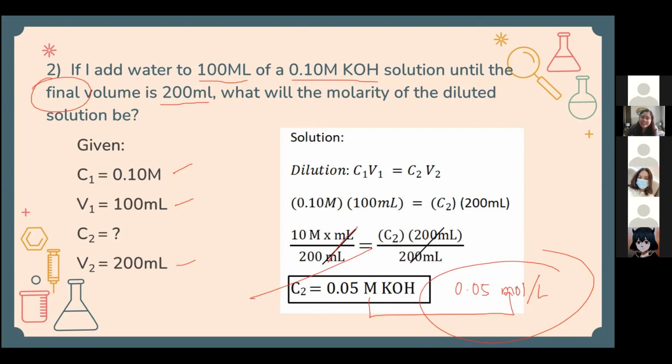Ma'am, what if ang nalagay lang na unit is yung 0.05 M, hindi siya moles over liters? It's okay. Kung capital letter M lang talaga, no problem with that kasi equivalent lang yung molar na capital letter M and the moles per liter. So any of the two na inyong gamiton is correct. Any of the two. Anything else?